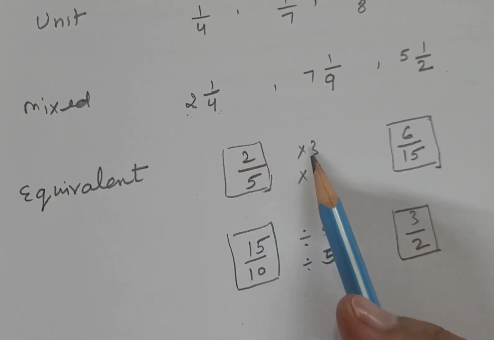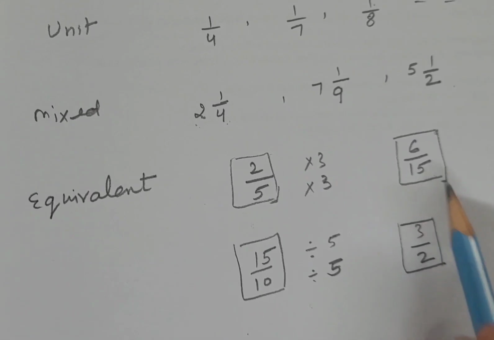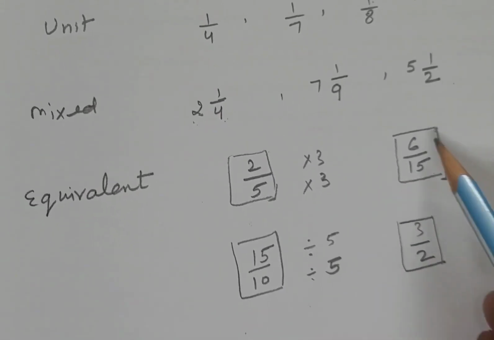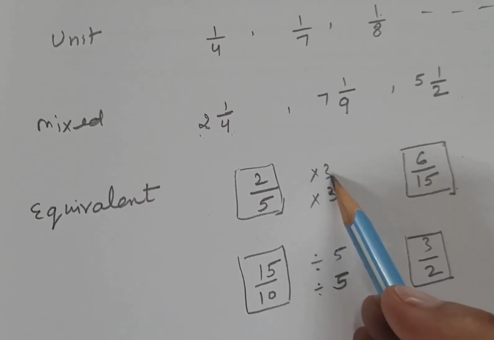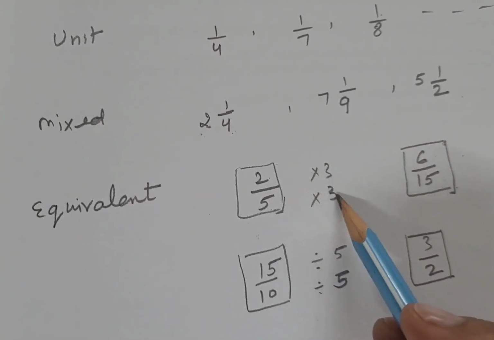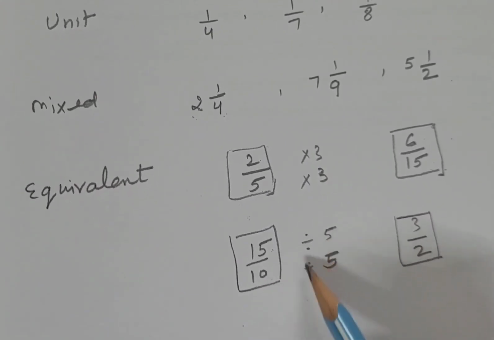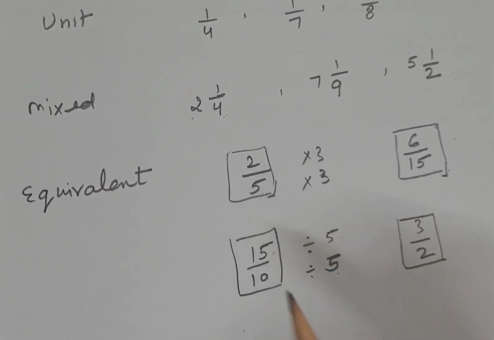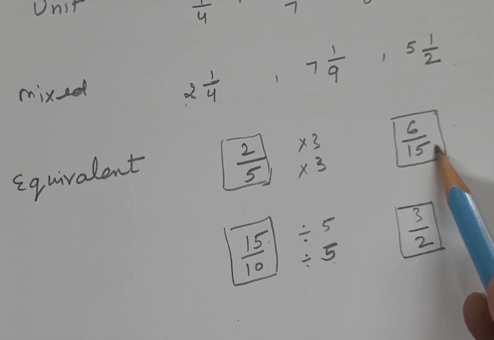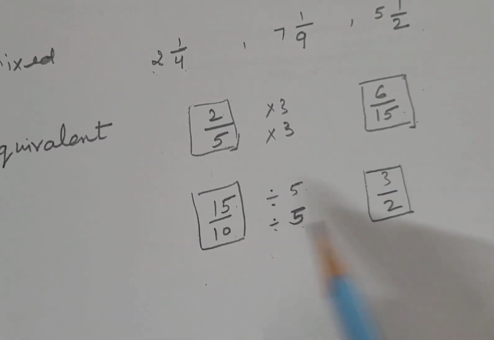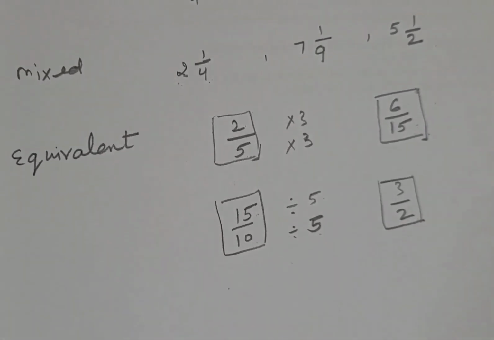Basically, in equivalent fractions we can divide or multiply the numerator and denominator both by the same number. Here I am multiplying both by the same number 3, and here I am dividing both by the same number 5. So 2 by 5 and 6 by 15 are equivalent fractions, and 15 by 10 and 3 by 2 are equivalent fractions.